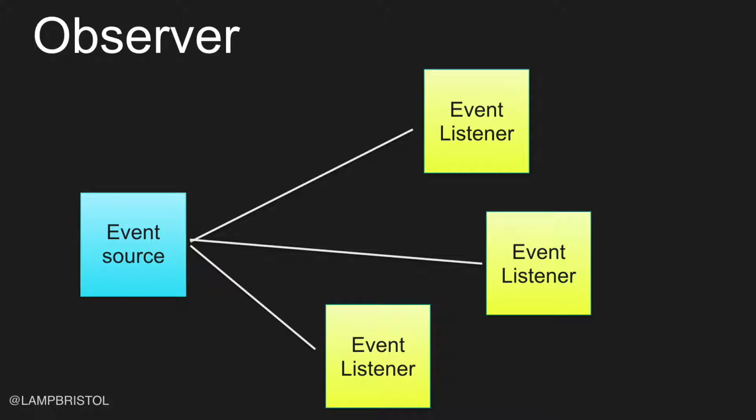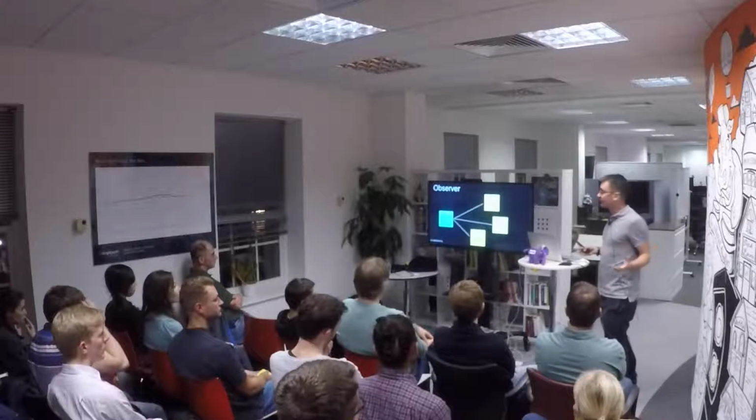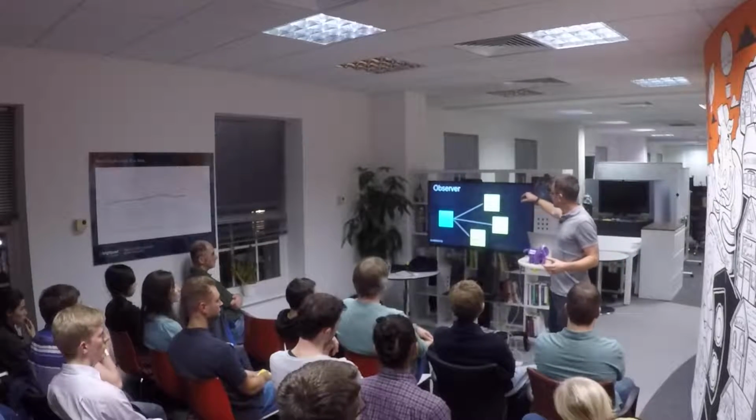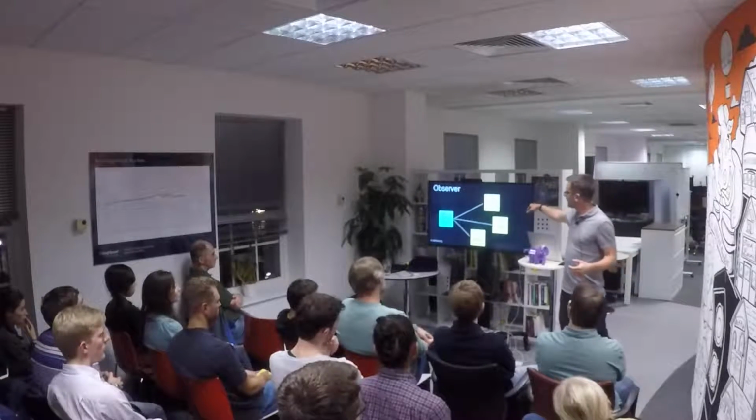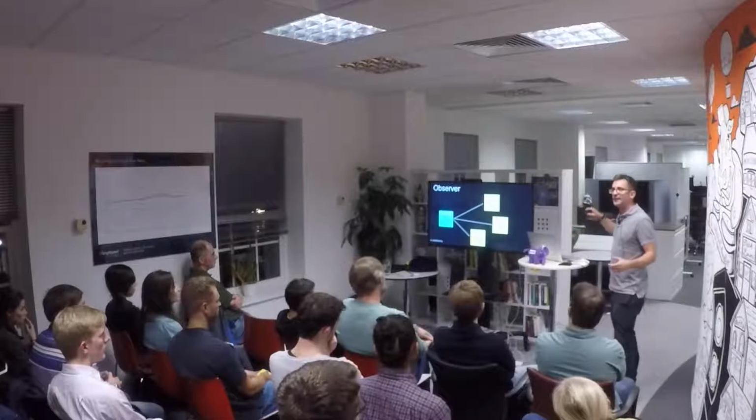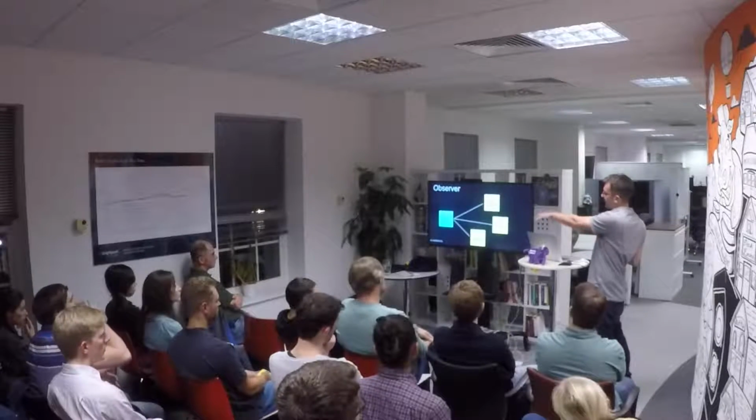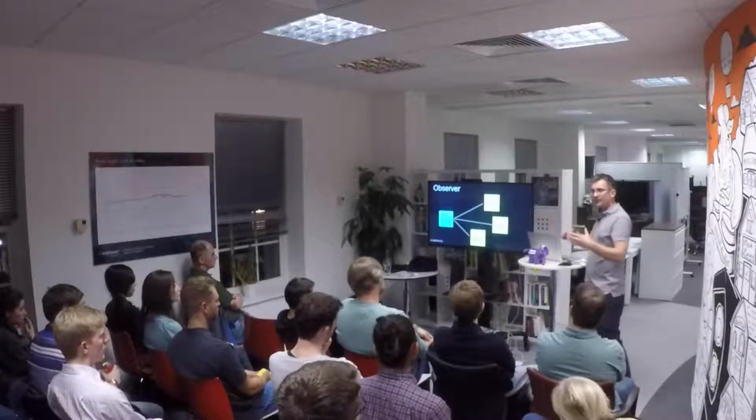So how do we join these things up? Imagine the blue is the event source there. So this could be somebody clicking on my DOM element or something like that. And the event listeners might say, I'm just going to register myself with that event source, and when an event occurs, the event source goes, who are all the people that are listening to this?